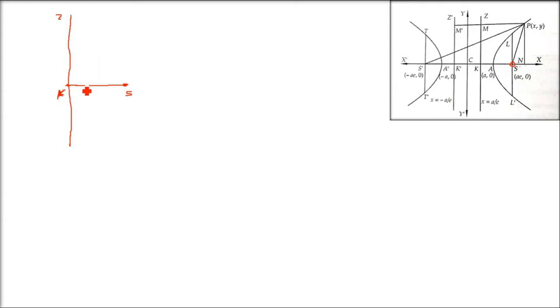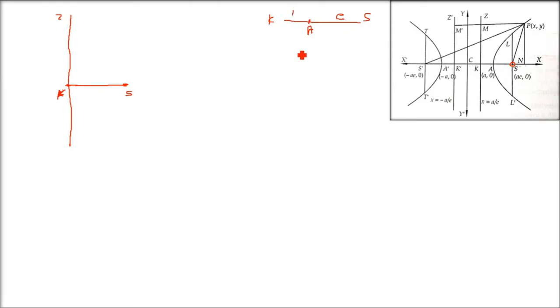S is our focus. Now this KS we are going to divide internally in the ratio E is to 1. If I take any random line, I may want to divide it into say 2 is to 3, or 1 is to 4, like this. So we have a point A such that SA by AK is E is to 1.